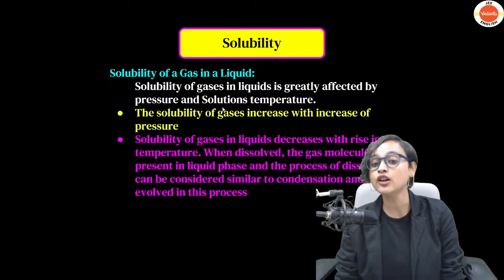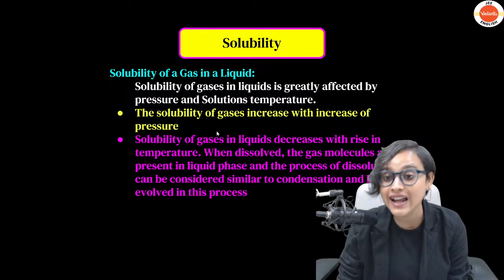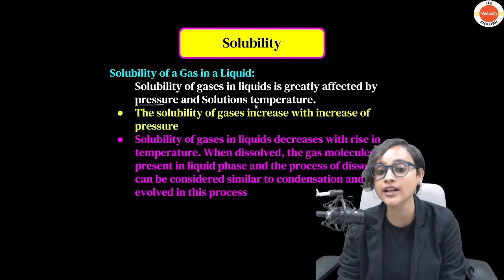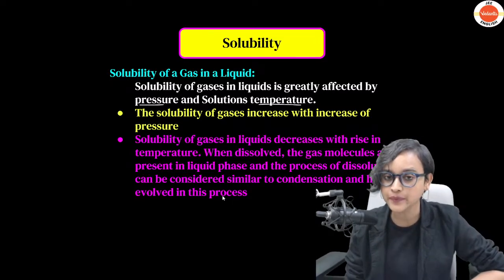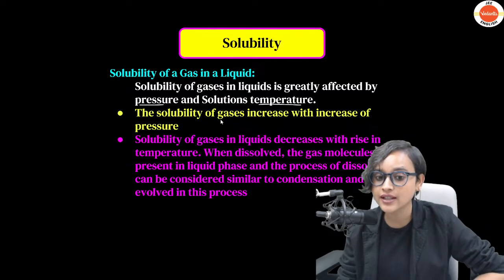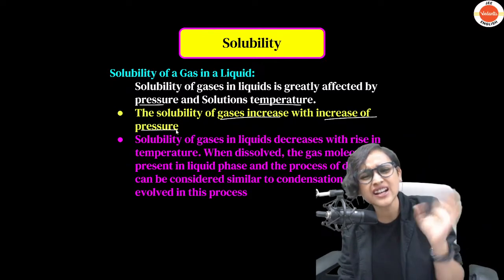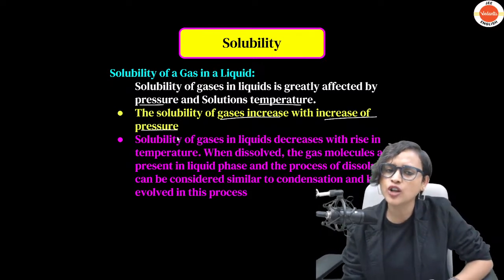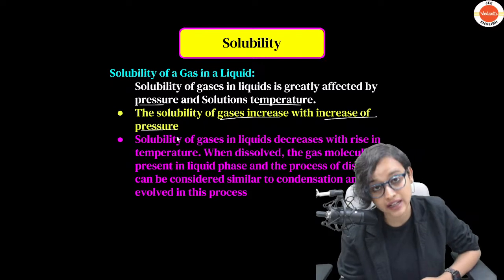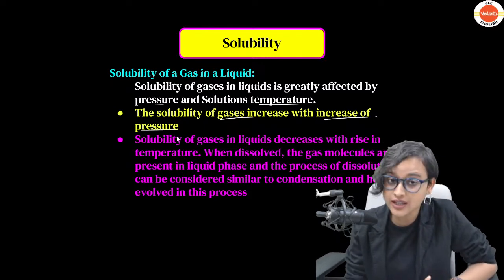So solubility of gases in liquid is greatly affected by pressure and temperature. The solubility of gases will increase with increase of pressure, and that's exactly what Henry said. Henry said that the solubility of gases in liquids decreases when the temperature increases.